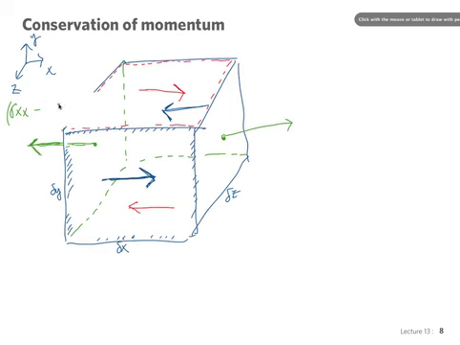So minus the partial derivative of sigma xx with respect to x times delta x half is the first term of the Taylor expansion. So that's the variation of sigma xx in the minus x direction, right? And this multiplied by the area. What's the area of that face? dy dz, thank you.